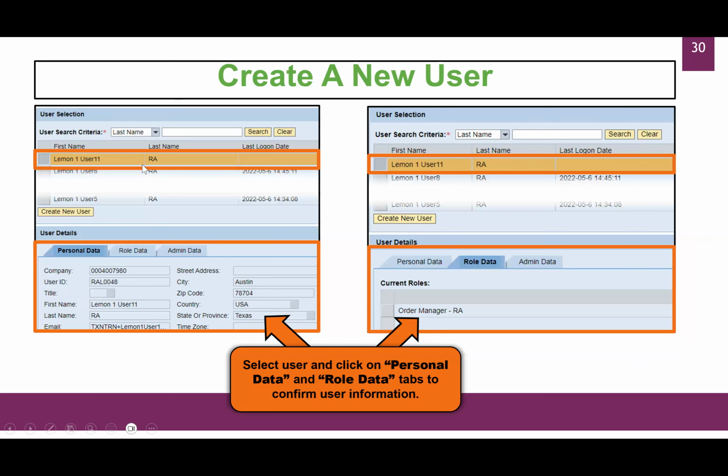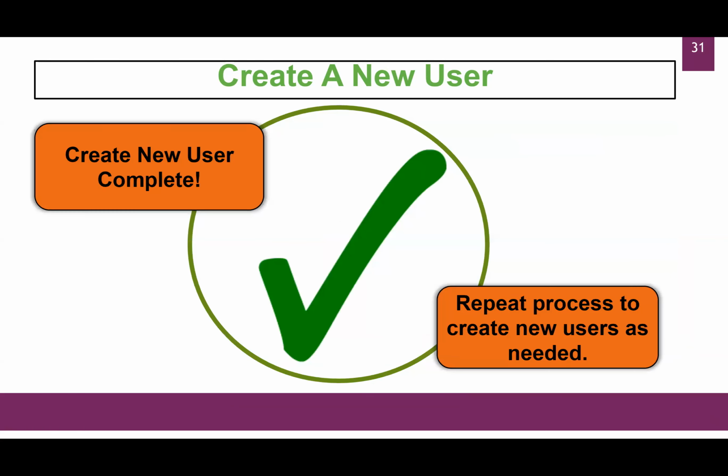So you can click on the user and then you can check their role again, make sure that the current role that you assigned them to is there. And then you have created a new user.